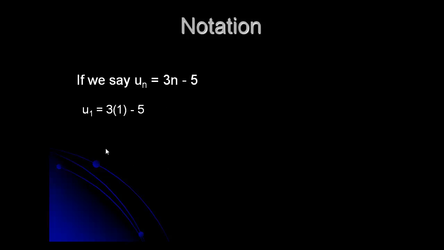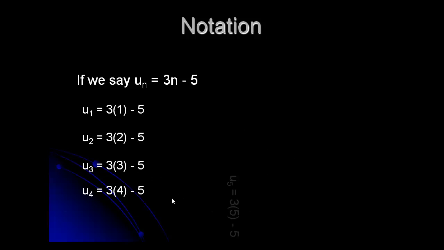We can use this to find the first term. We simply place a 1 in for the n, so we get 3 times 1 minus 5. Second term, 3 times 2 minus 5, and so on. And we can see there that we can work out now the value of those first 5 terms as minus 2, 1, 4, 7 and 10.